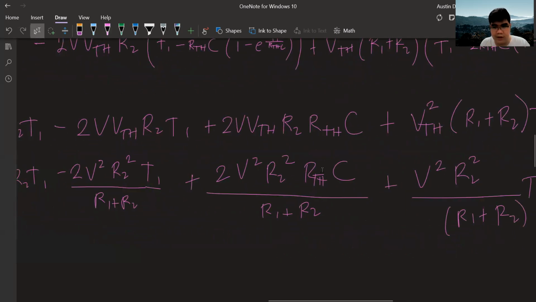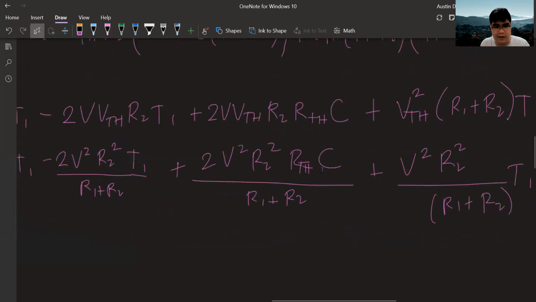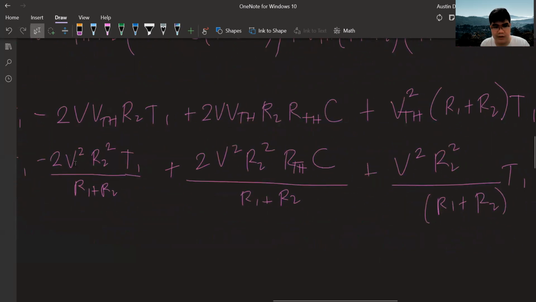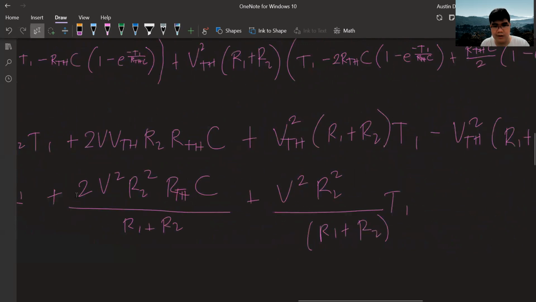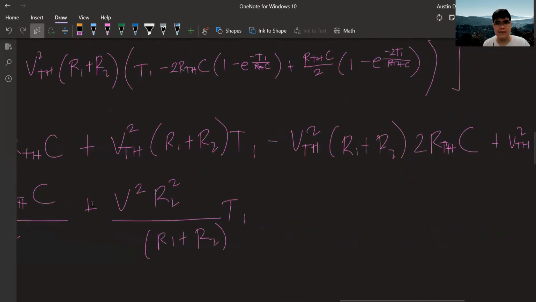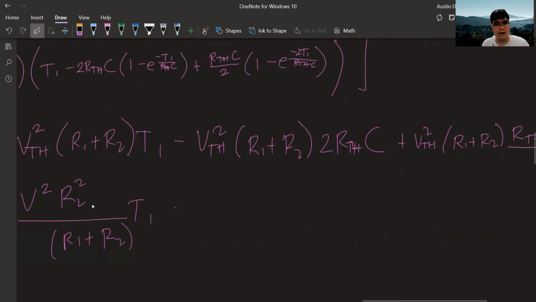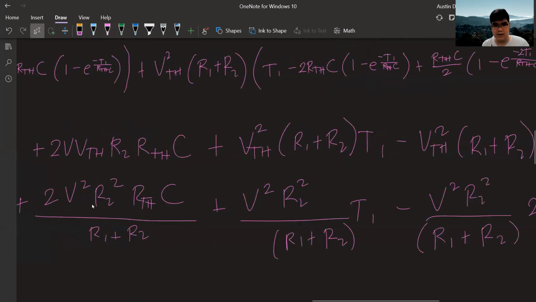Okay, so I think this nicely mutes out yung isang term dito. Okay. Nice. Then this guy, minus V squared R2 squared, ganun ulit, R1 plus R2 sa baba. And then 2 R_th C.